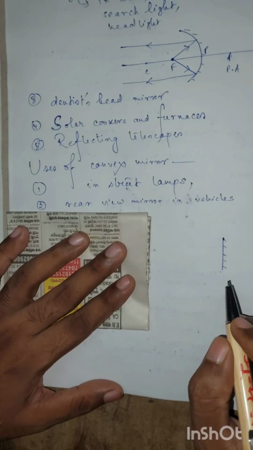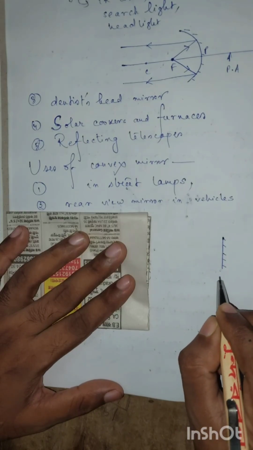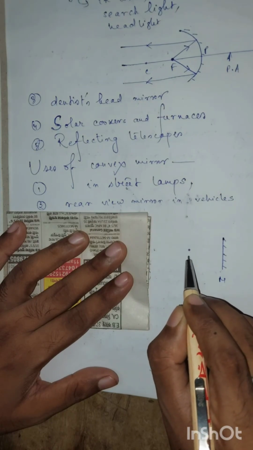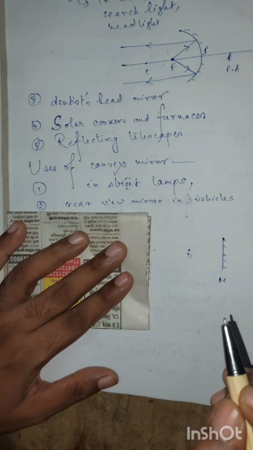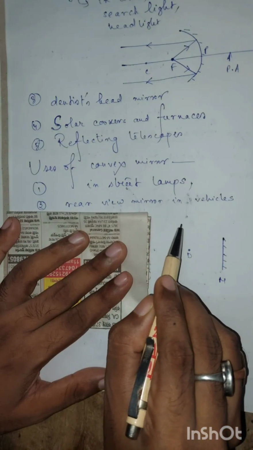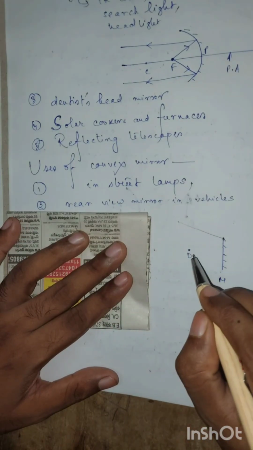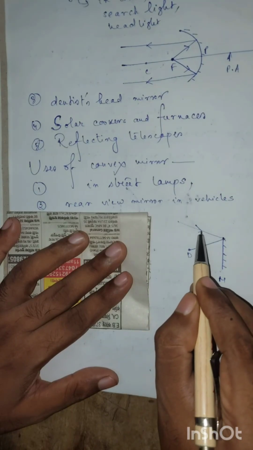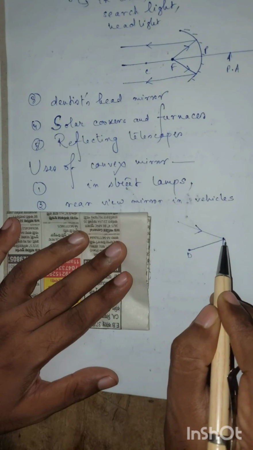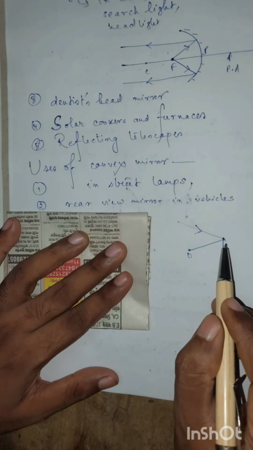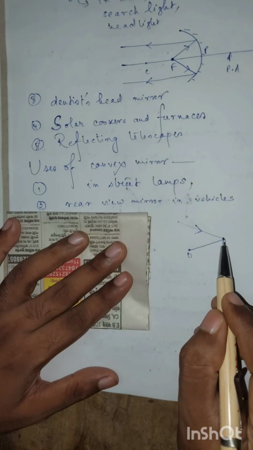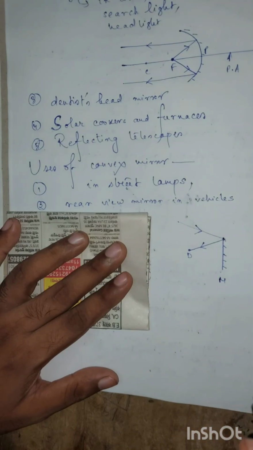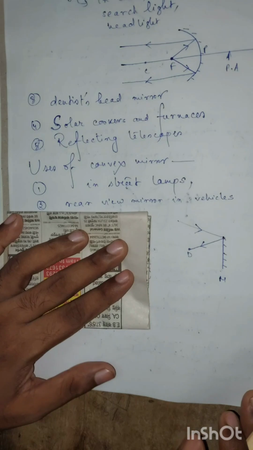So this is our plane mirror M, and let us assume this is the driver D. So light rays come and strike the mirror and get reflected, which is seen by the driver.